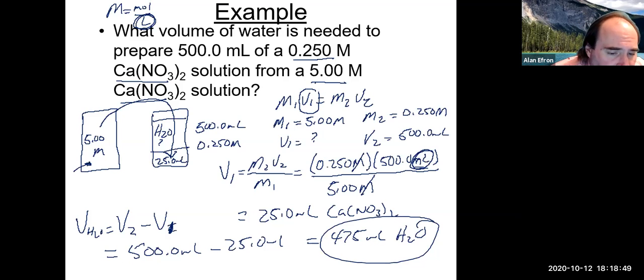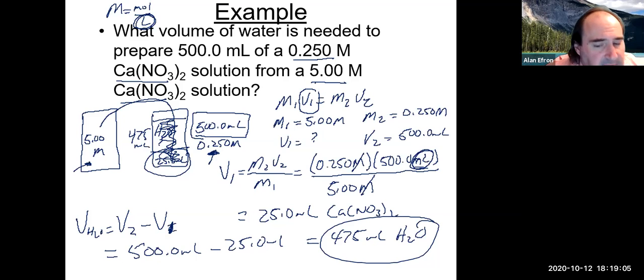When we add our 475 milliliters of water plus our 25, that gives us a grand total of 500 milliliters. If we mix it well, it should have a concentration of 0.25 molar.